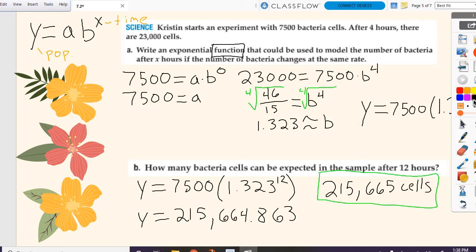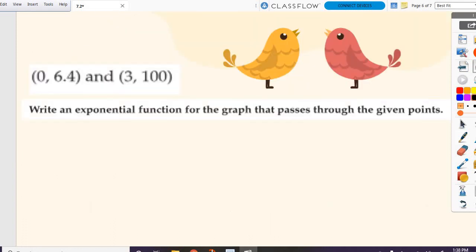Now, that's one way that we can see having to create an exponential function. The other way that we can see it is given two points, but the process is going to be very similar. Again, we're still going to be using that same base formula, y equals a times b to the x.